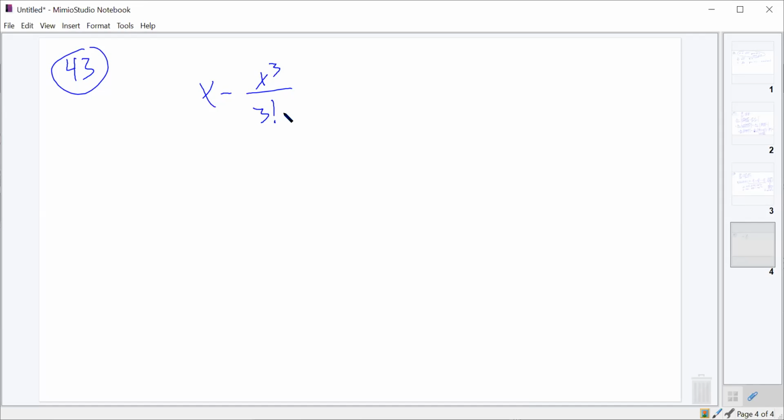And so if we're using just these two terms, the error is whatever the next term is, by the alternating series error bound. The error is the next term. And so our next term would be x to the 5th over 5 factorial.